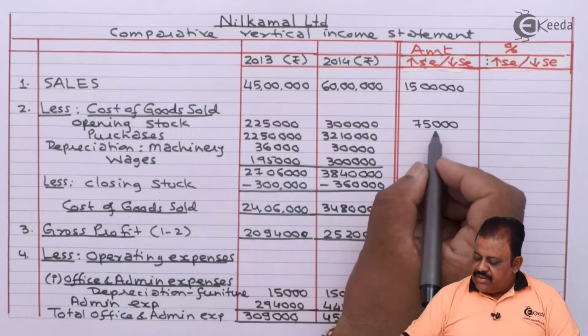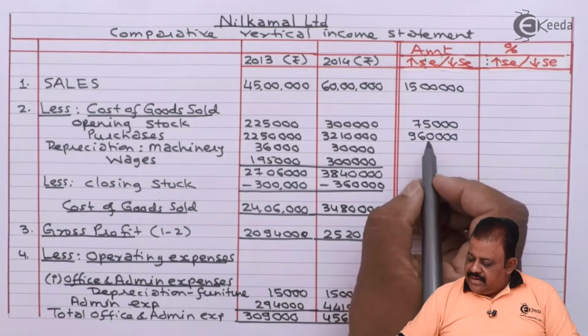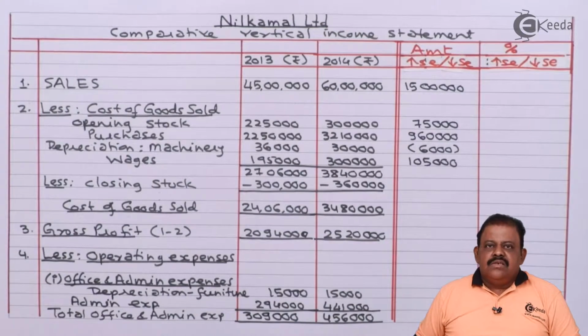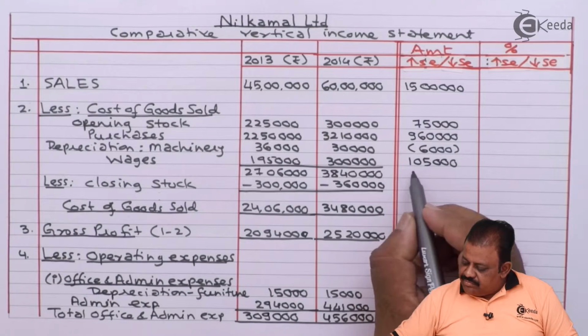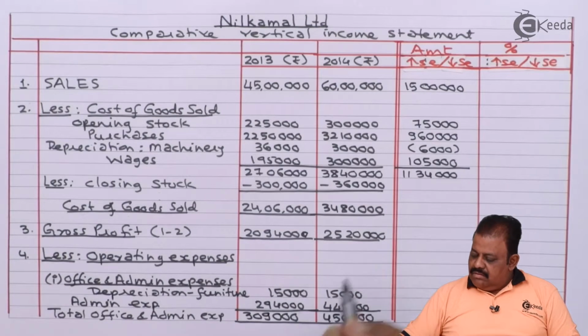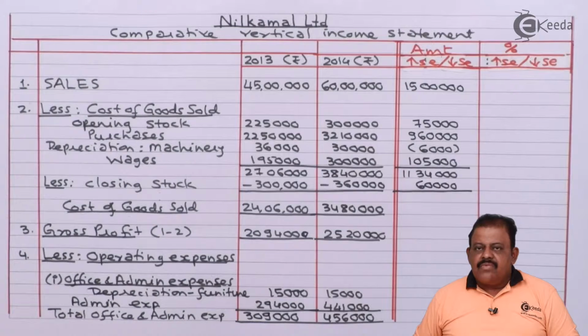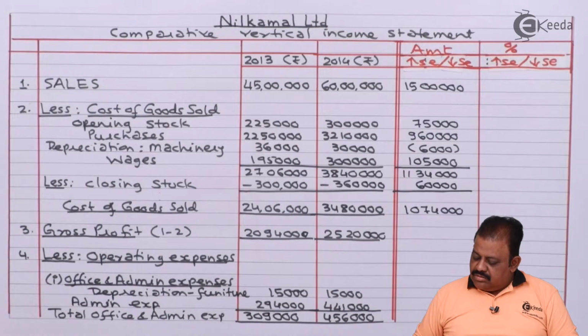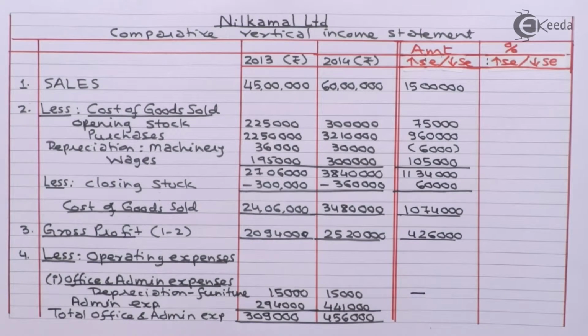Increase 75,000. Increase 9 lakh 60,000. Decrease 6,000. Increase 1 lakh 5,000. Increase 11 lakh 34,000. Increase 60,000. Increase 10 lakh 74,000. Increase 4 lakh 26,000.